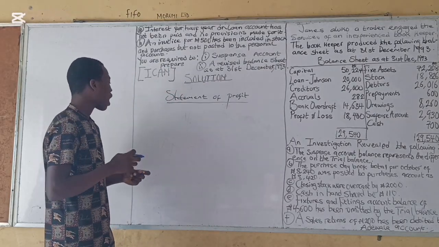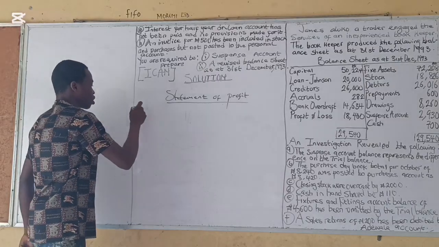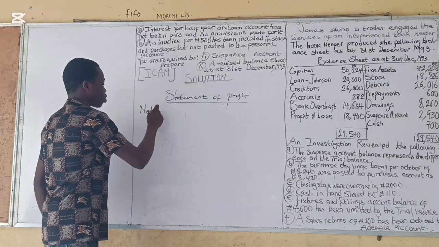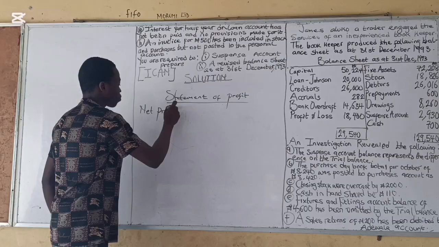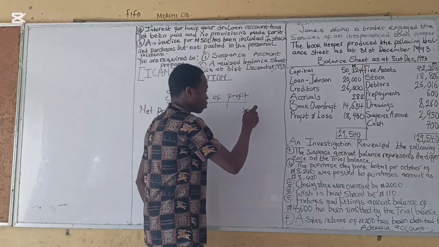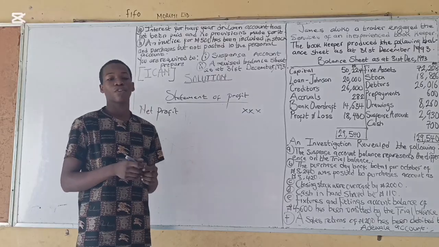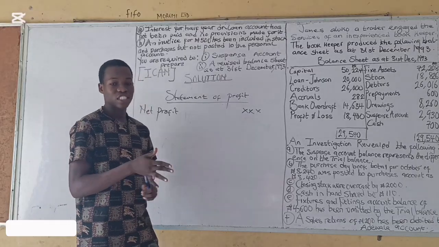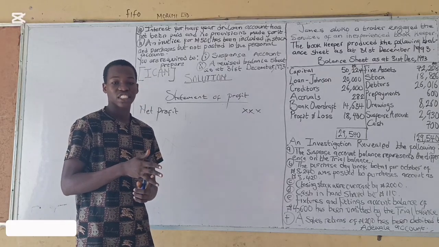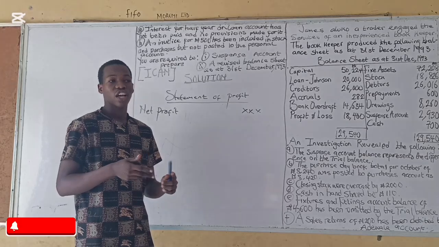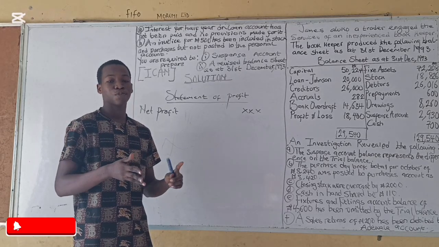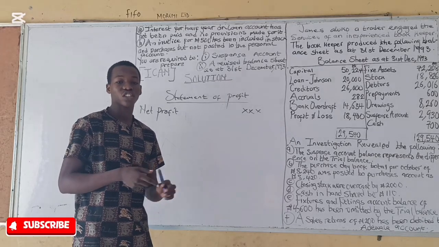The first thing is your net profit, or your profit for that year. What will affect your profit is expenses, purchases, sales, returns inward, returns outward.